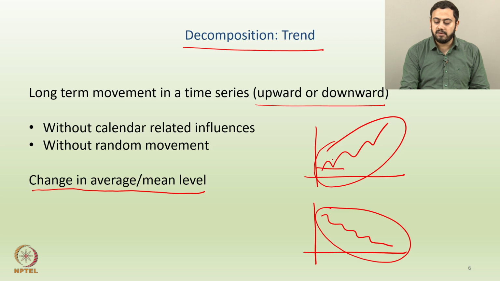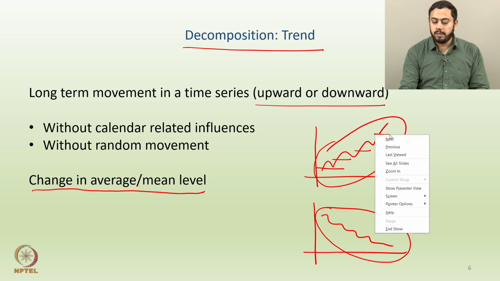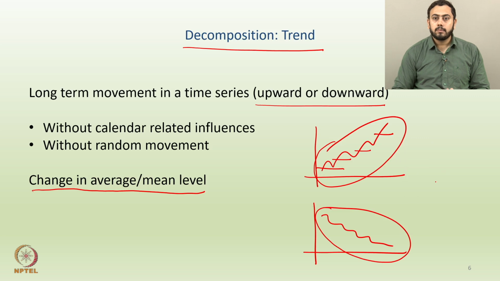For example, the average shifts here, then the next average might be here, and finally the next average of that sector might be here. Can you see that the mean is also changing here, and similarly here. Initially the average of all the close observations would be somewhere here, then the mean changes and comes down here and further down here, etc. So, any change in the mean level or any change in the average level is called a trend.